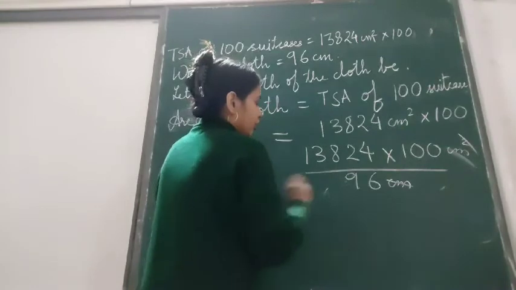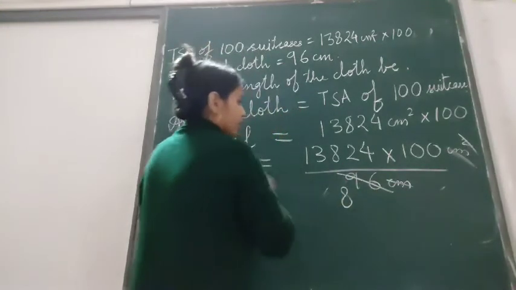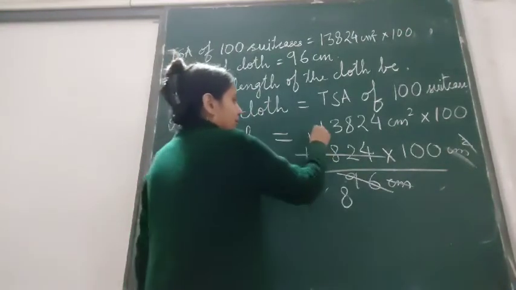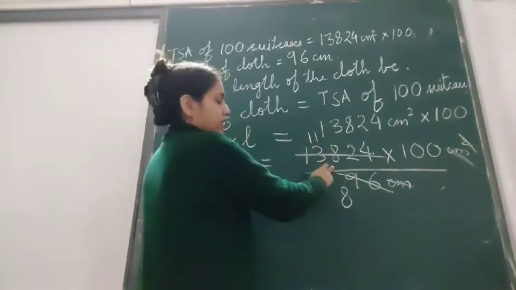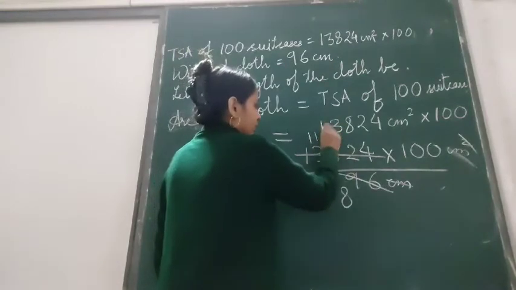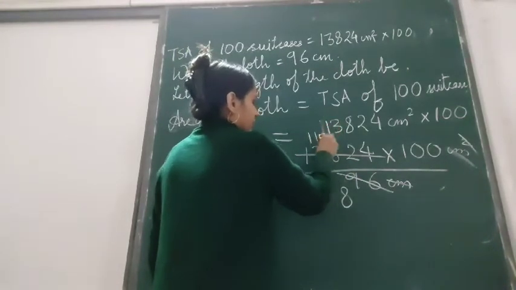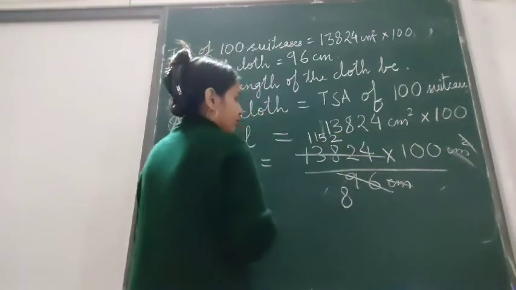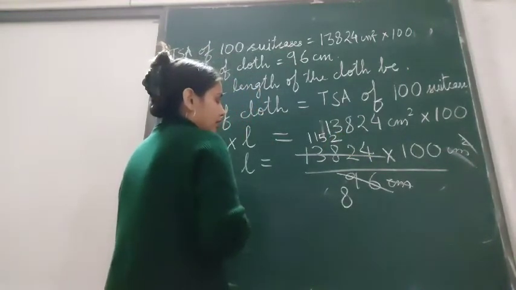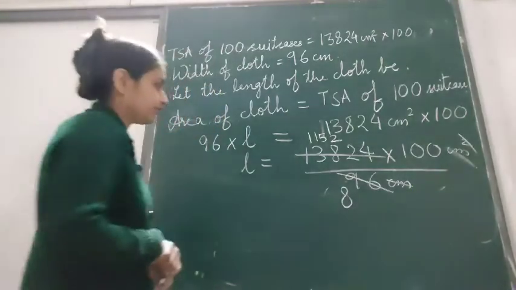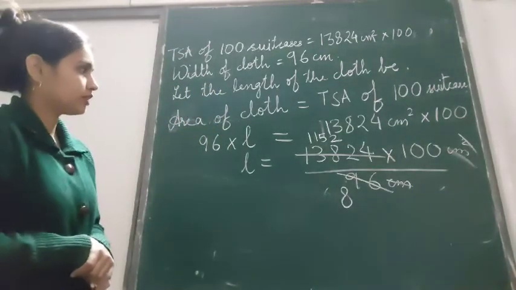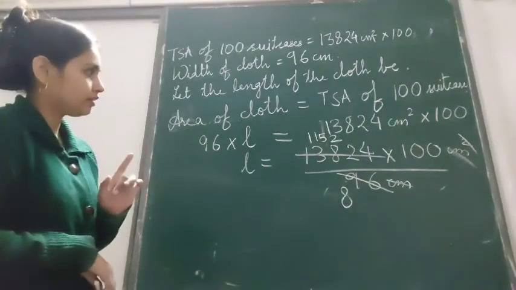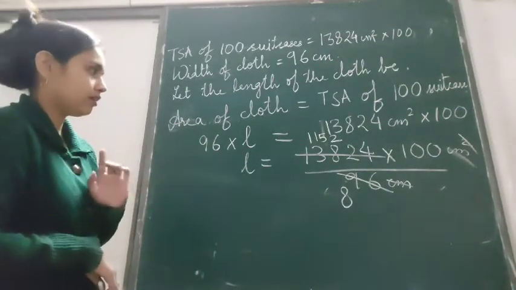And 12 8s are 96, 12 ones are 12, 1 is left, it comes here. 12 ones are 12, so 6 is left, it comes here, 12 5s are 60, 2 is left, 24, 12 2s are 24, correct? And 12 4s are 48. Will it go? Let me check, children. Okay, yes, it will go.